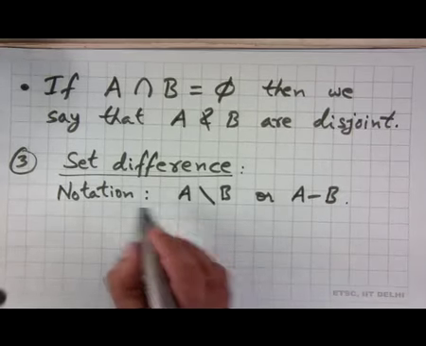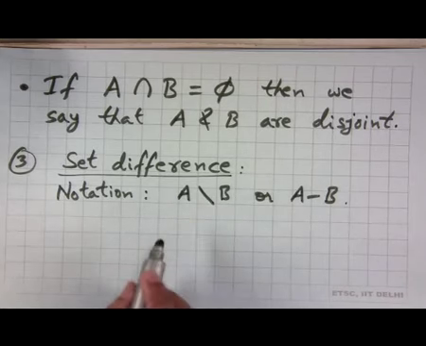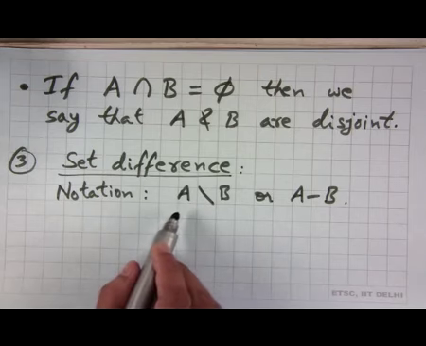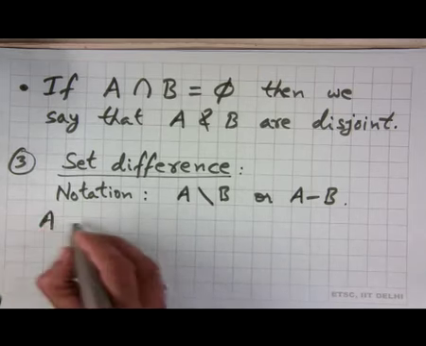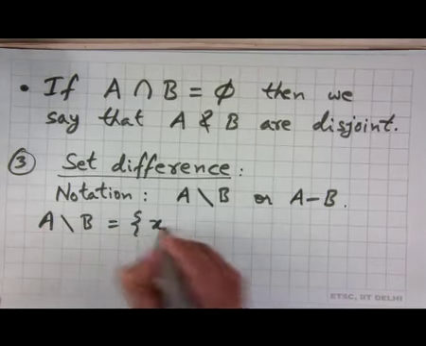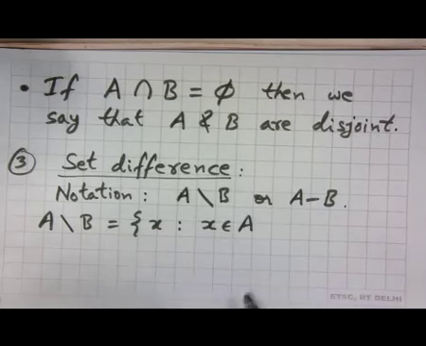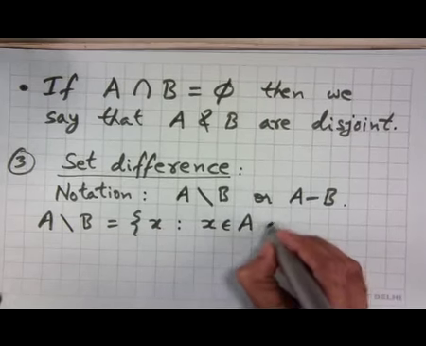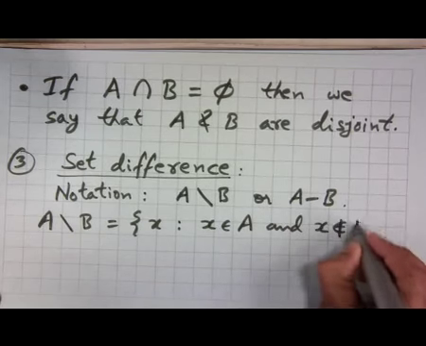The set difference of A and B consists of all the elements which are in A, but not in B. A minus B is equal to all x such that x belongs to A and x is not in B.